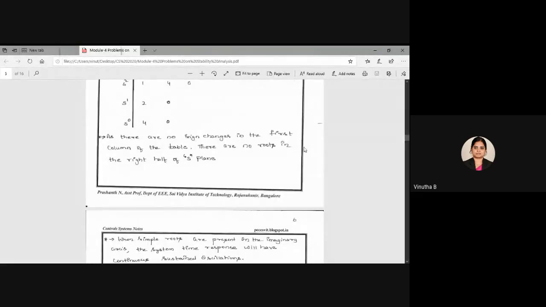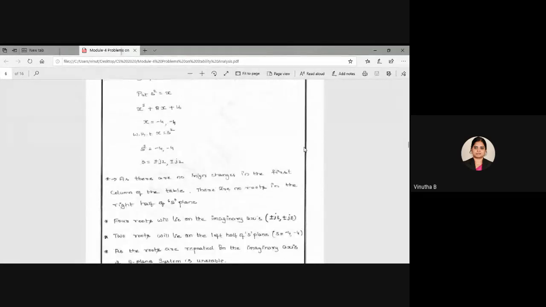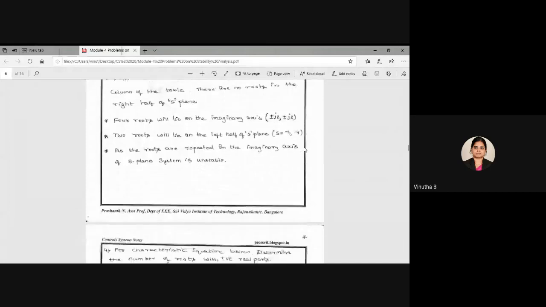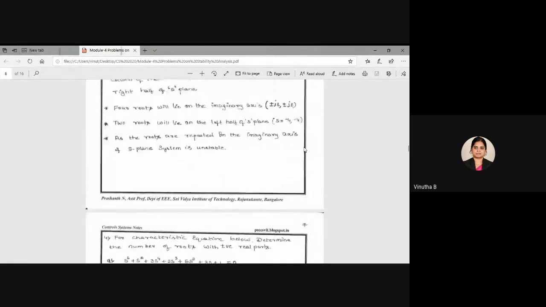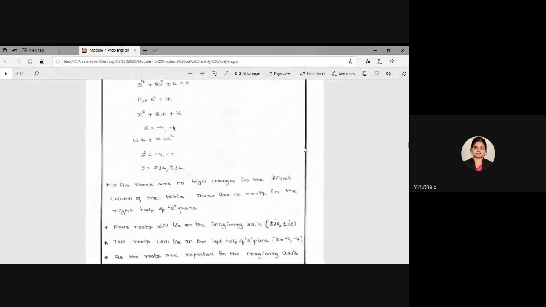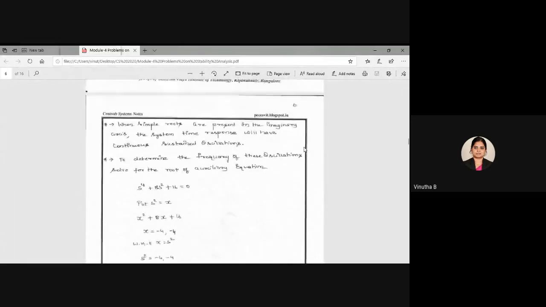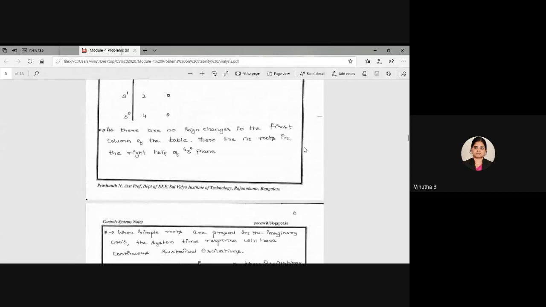They have considered that and they have written down s power 0 as 4, and then here we have no other value, so 0.